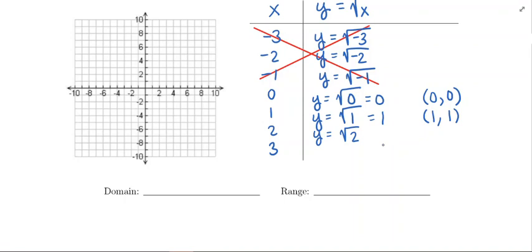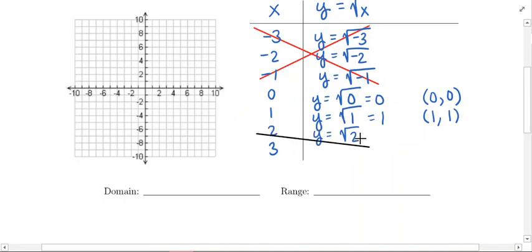So because it's some crazy decimal, this is going to be a difficult point to plot. So it's okay to plug in x equals 2, but it's not going to give us a nice output. So I'm going to ignore this point. It's doable, but I'm going to ignore it.